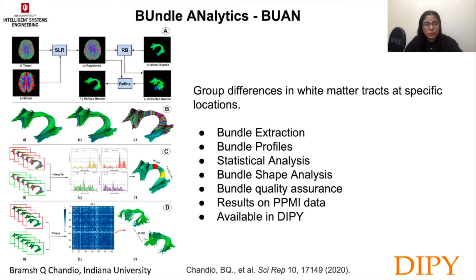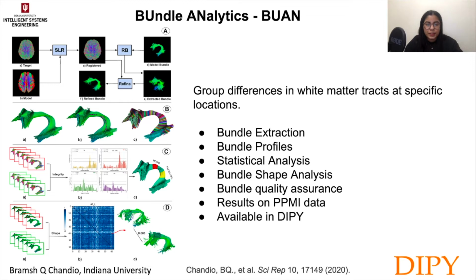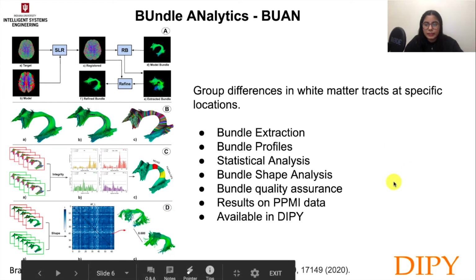BUAN has four important steps: bundle extraction, bundle profile creation, and then the statistical analysis of bundle profiles. The fourth one is bundle shape analysis, which could also be used as bundle quality assurance. The results are shown on Parkinson's data. BUAN is publicly available in Dipy.